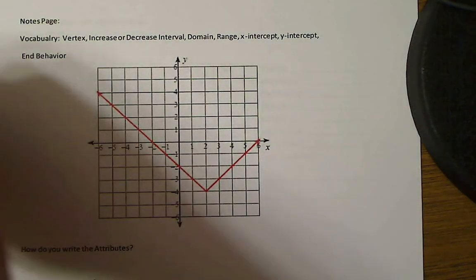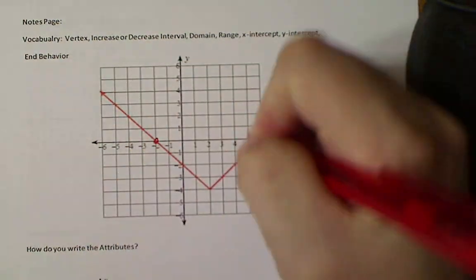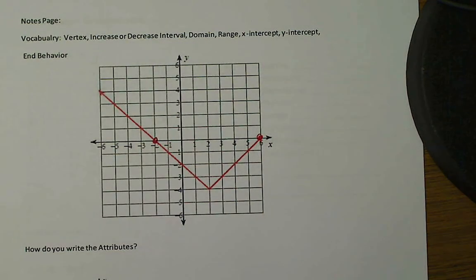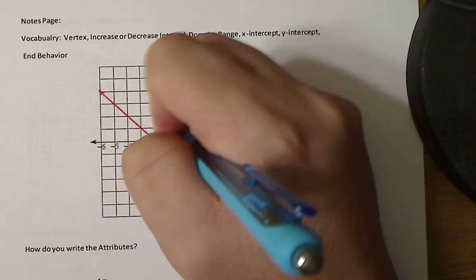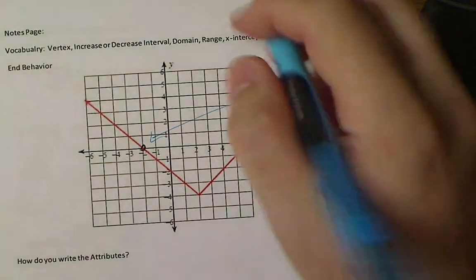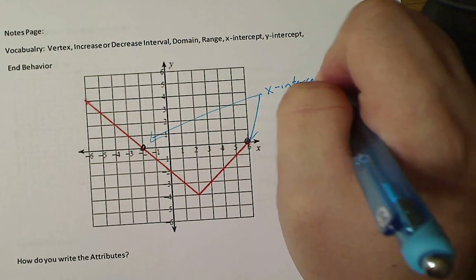So the ones you are familiar with at this point are the x-intercepts. So this point and this point here, or a different color. This point and this point here would be considered your x-intercepts. This is a one shot, so hopefully I don't mess this up, by the way. So x-intercepts. Okay.